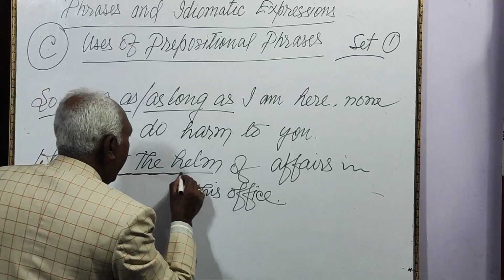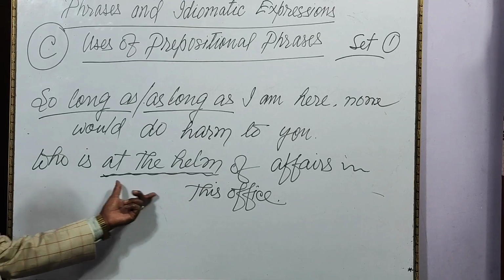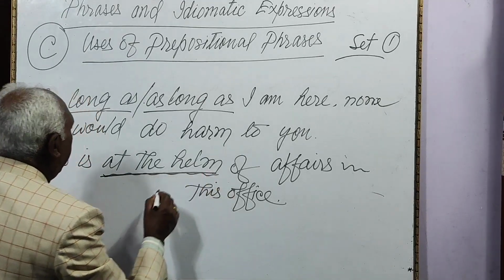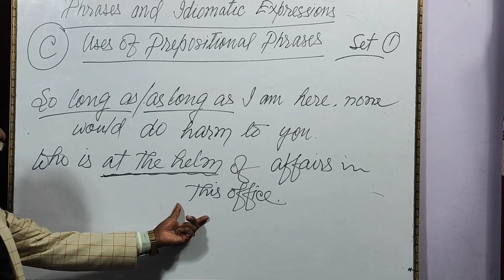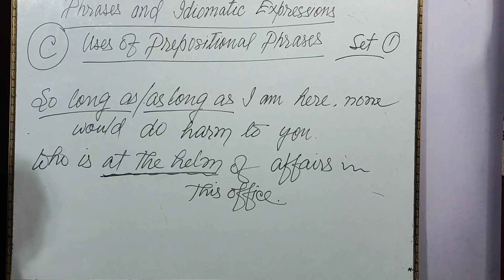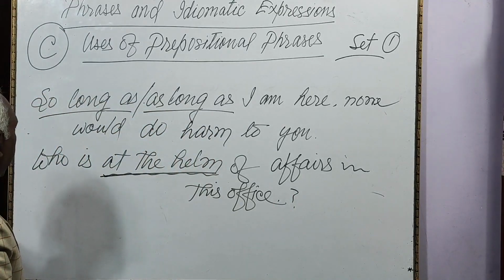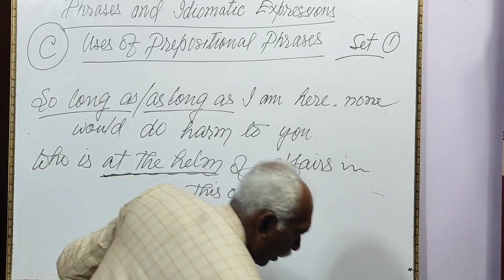At the helm of means कर्ता धर्ता. At the helm. कौन है कर्ता धर्ता? Here at the helm means कर्ता धर्ता, सर्वे सर्वा of affairs in this office. इस ऑफिस में कौन कर्ता धर्ता है? Right? Here is the interrogative sentence. Who is at the helm of affairs in this office?